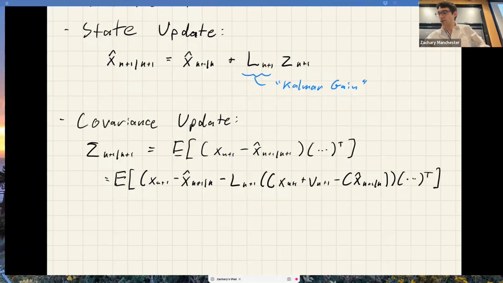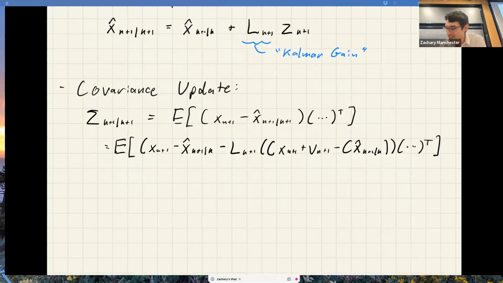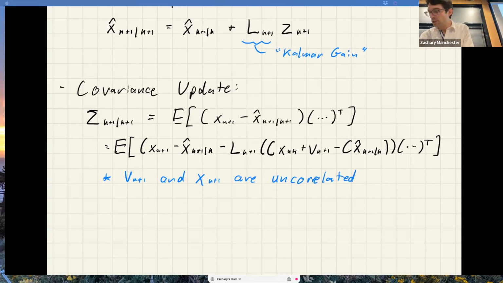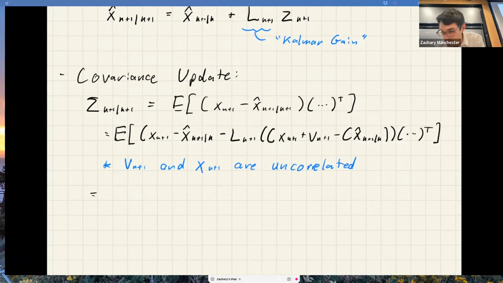Okay, now we play our uncorrelated game again. So we've got vk plus 1 and xk plus 1 are uncorrelated. And I'm going to do the usual tricks, right? And I can simplify this down a whole bunch. And it's not hard. It's the same stuff we've been doing.